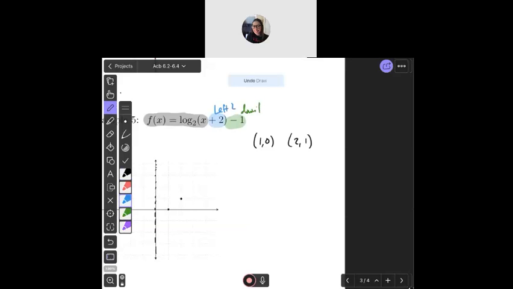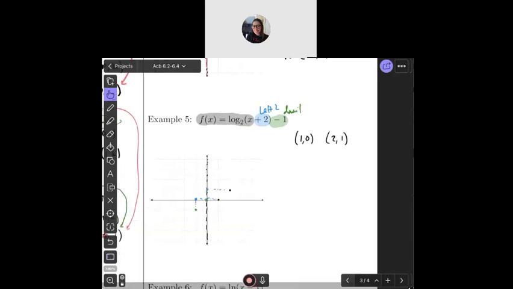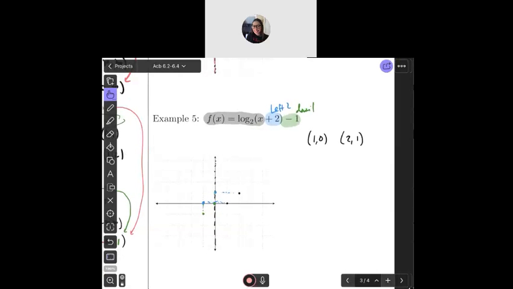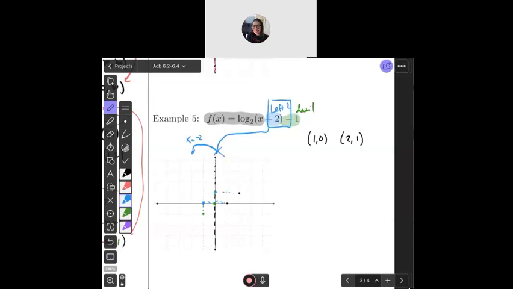So if I take those points, I shift them left 2, then go down 1. You can see all those points went across the asymptote, because this is going to shift the asymptote. X equals -2. It's no longer at 0, it's now at -2. So there's that left and right shift messing with our asymptote.